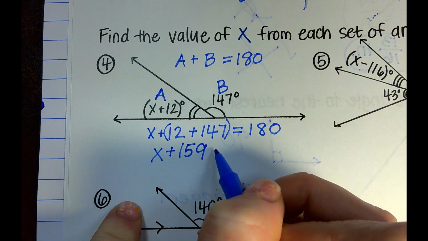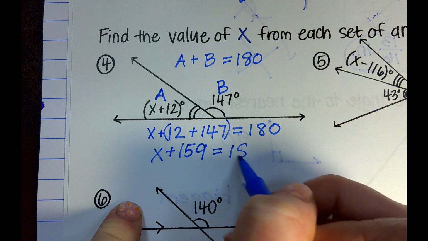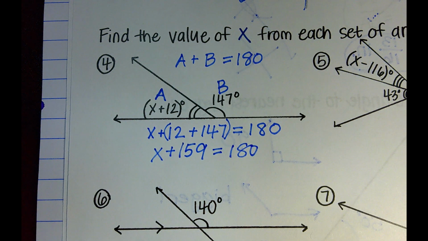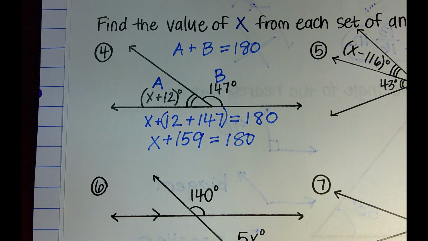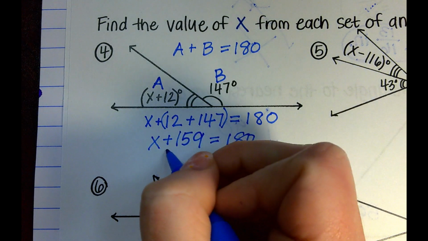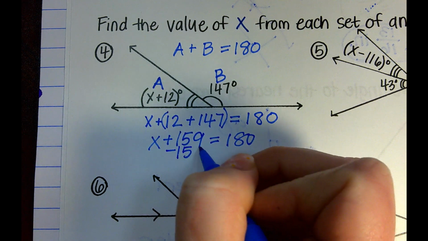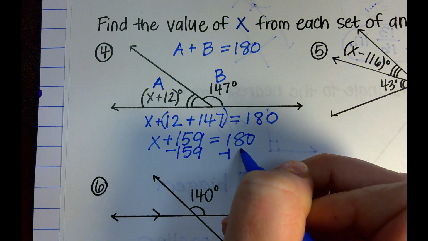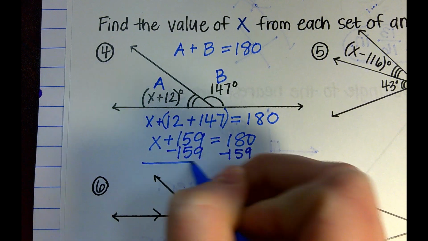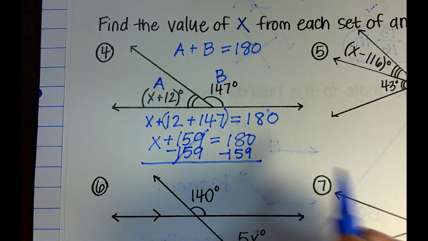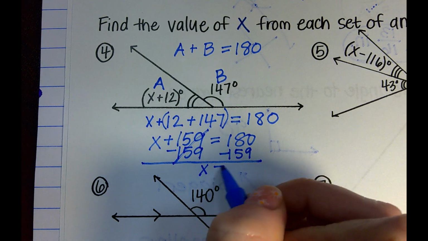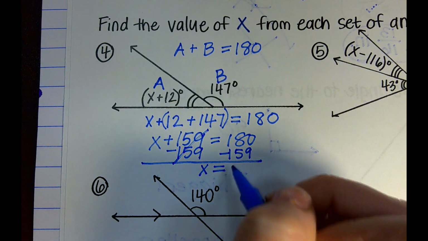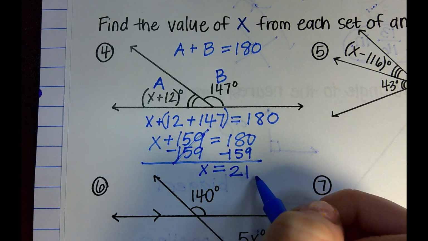X plus 159 equals 180. 159 from 180. Perfect. Then we're going to subtract 159 from both sides. X equals, you said 21? 21.